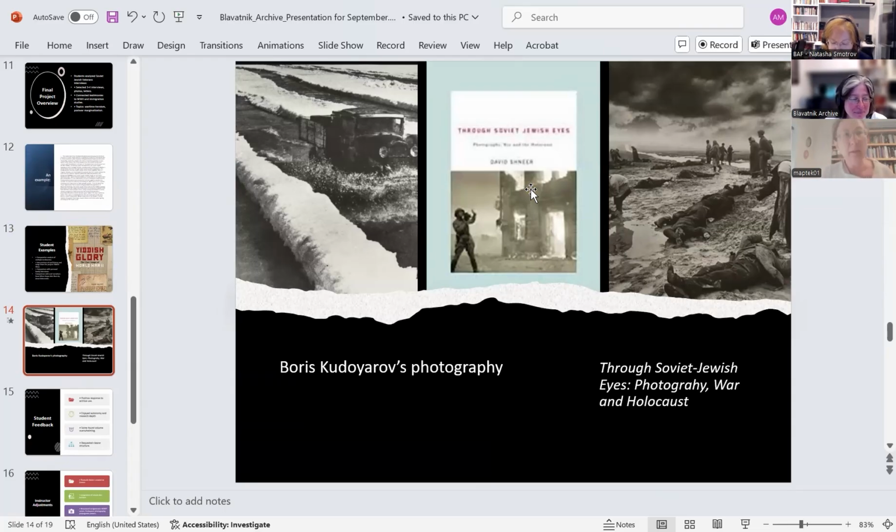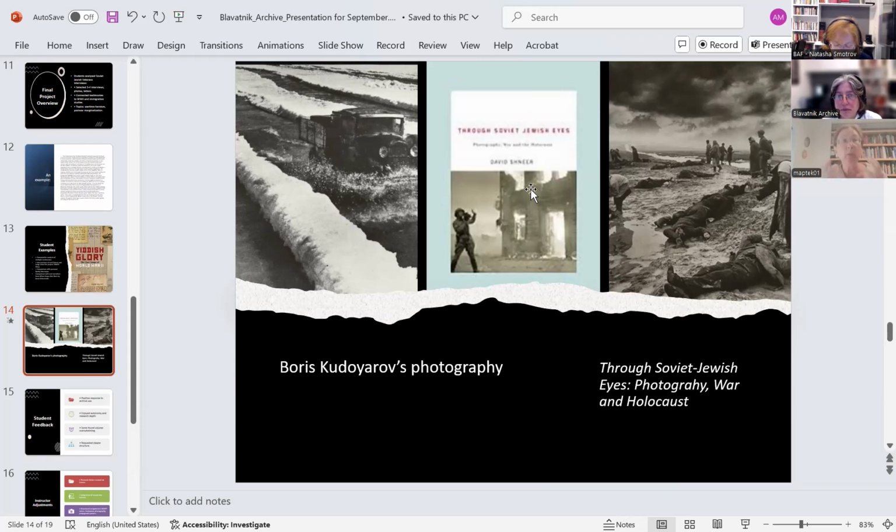So one of the things which was really interesting, so interesting that we spoke about it in class, not just students wrote about it. There is an absolutely fascinating book by David Shneer, called Through Soviet Jewish Eyes: Photography, War, and the Holocaust, which speaks about the fact that most Soviet war photographers during the Second World War were actually Jewish.